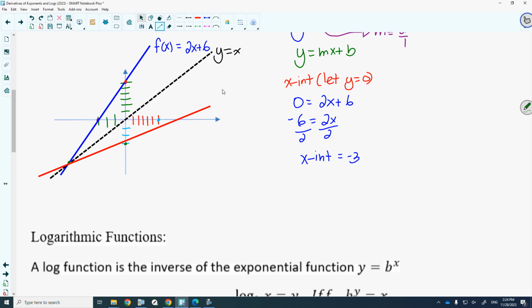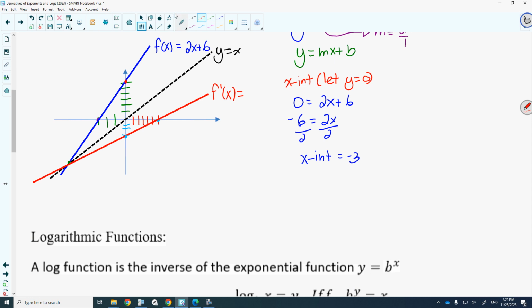Now, it's going to be slightly off because it's not to scale, but the inverse graph should be going through this point here. To make that minus 3, I'll just go like that. And then there it's minus 3. Okay, this is the inverse graph. So it is f inverse of x. This is going to be the inverse graph.